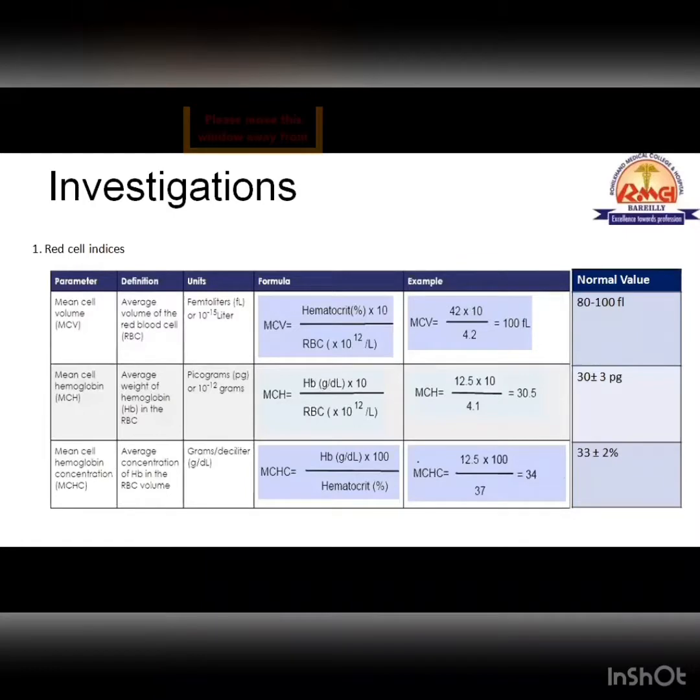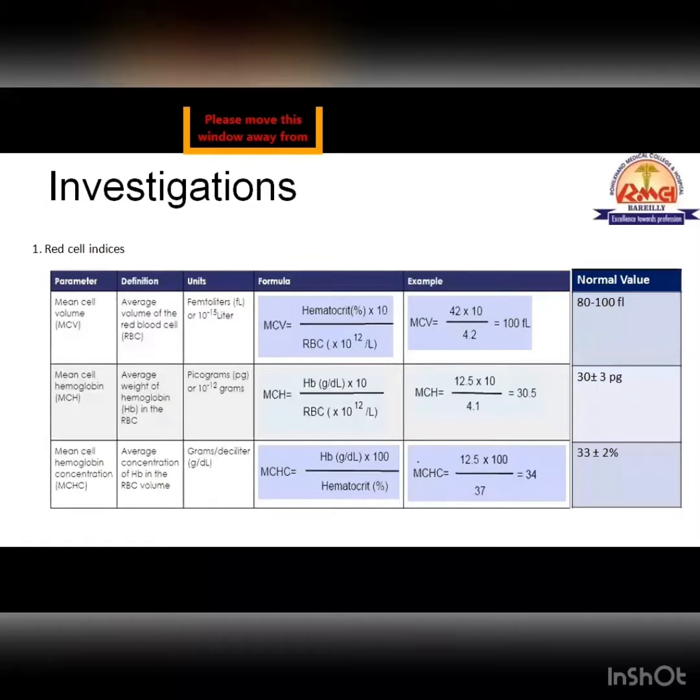The second red cell index is mean corpuscular hemoglobin, that is MCH. It is the average weight of hemoglobin in the RBC. It is expressed in picogram, and the normal value is 30 plus minus 3, meaning 27 to 33 picogram.